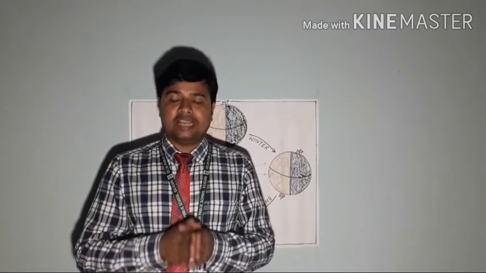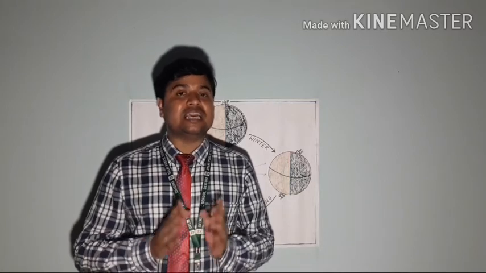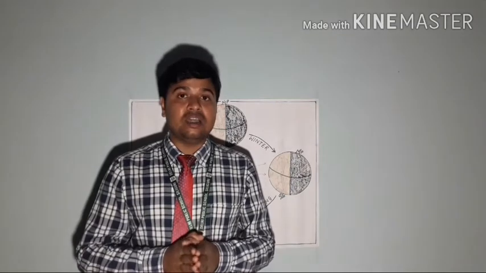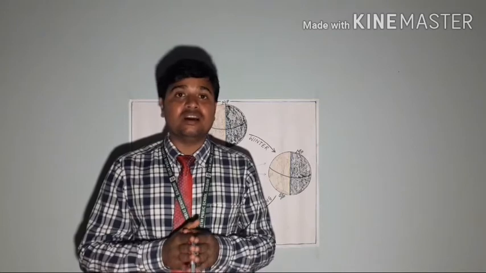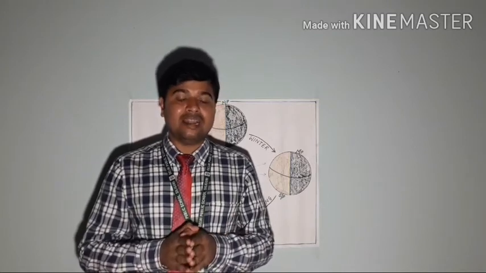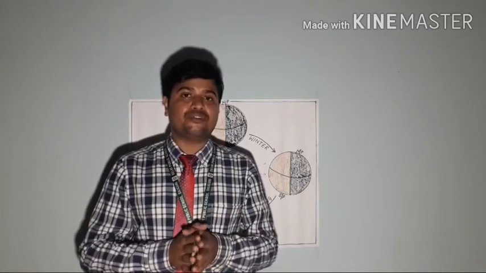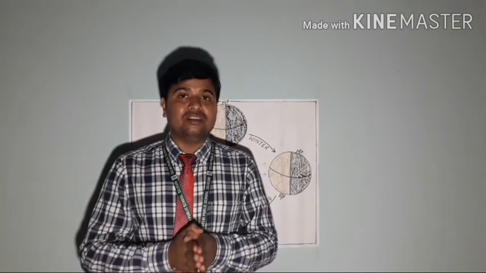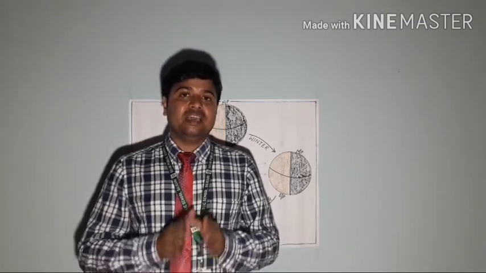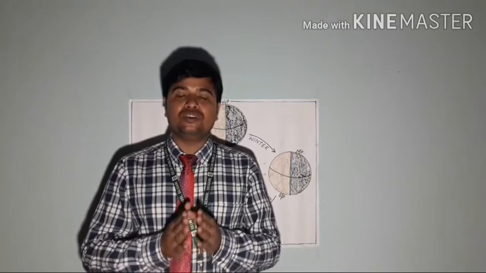So, as you know, the orbit of planet Earth is elliptical, and the distance between Sun and Earth is not the same throughout the year. Sometimes it is closer and sometimes it is far from each other. Along with that, the axis of planet Earth is tilted. It is at an angle of 23 and a half degrees.